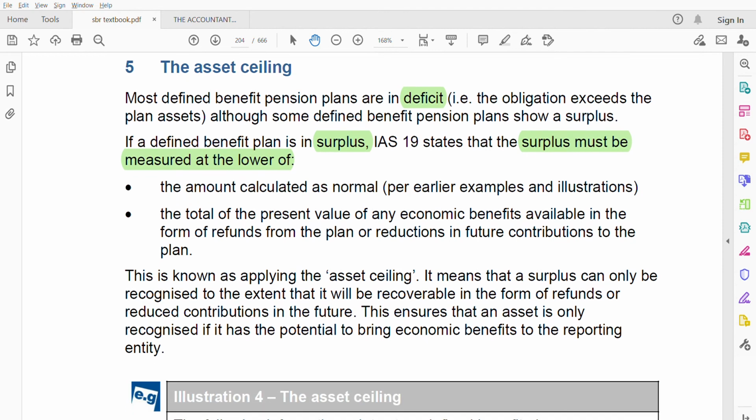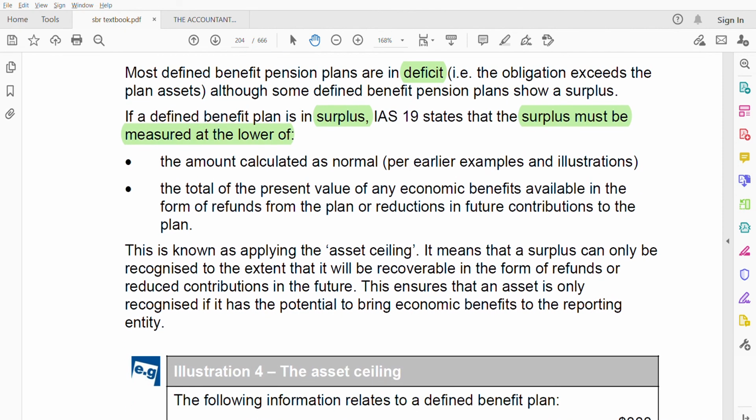First, let us go to the surplus. When it's a surplus, it is the lower of the amount calculated as normal, as per earlier examples in the illustrations, that is, how you normally calculate the defined benefit plan surplus, and the total of the present value of any economic benefits available in the form of refunds from the plan or reductions in the future contributions to the plan.